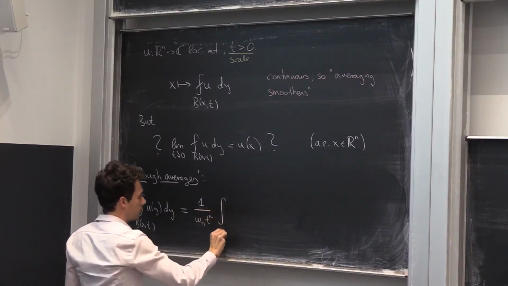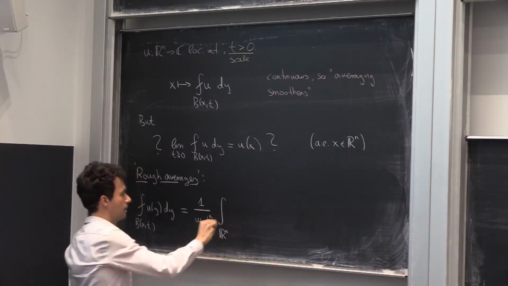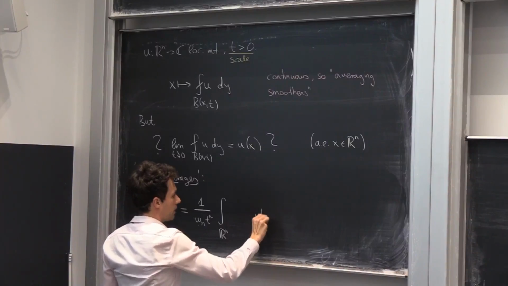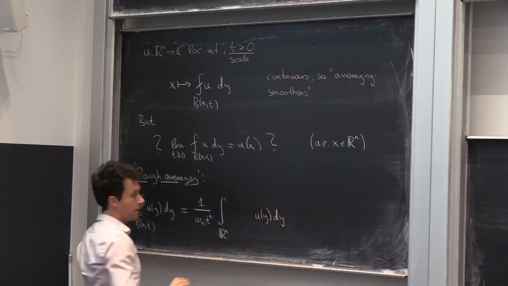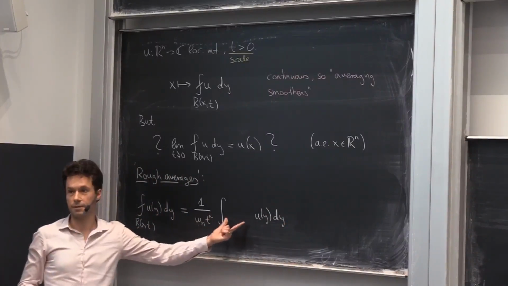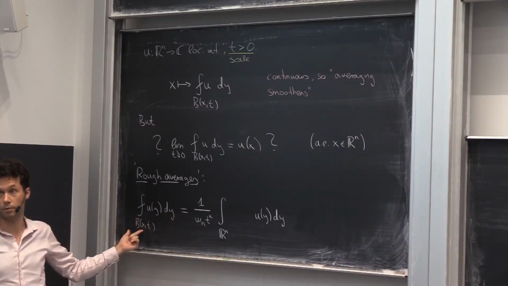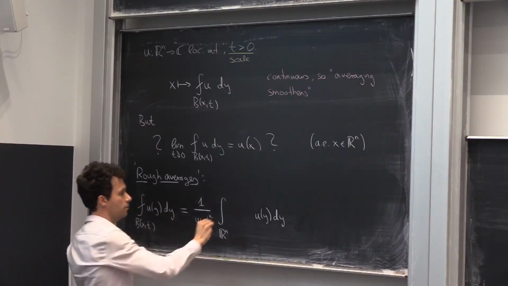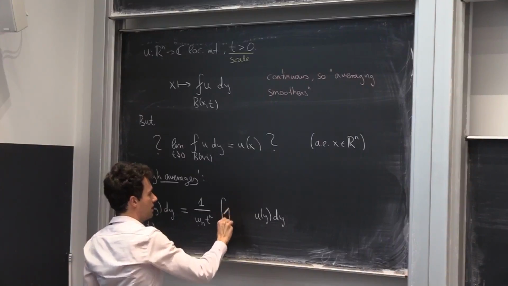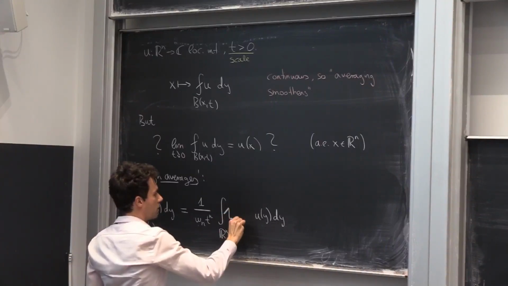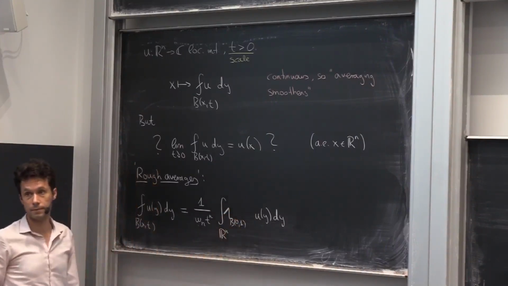Now I'm going to integrate over all of Rn, and I integrate u of y dy, and then I'm going to put just an indicator function here that does the job of giving me exactly the integral over the ball B(x,t). And the way I do it is I'm going to use the indicator function of the unit ball.